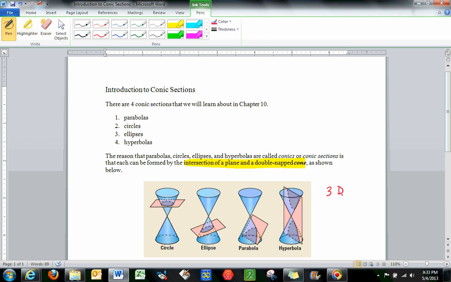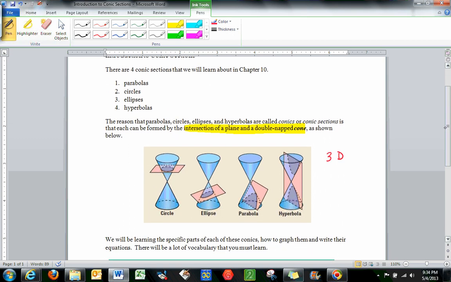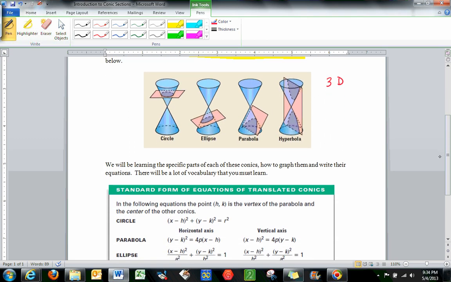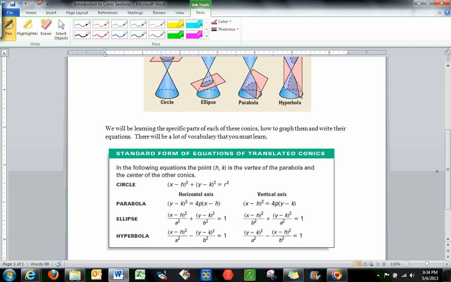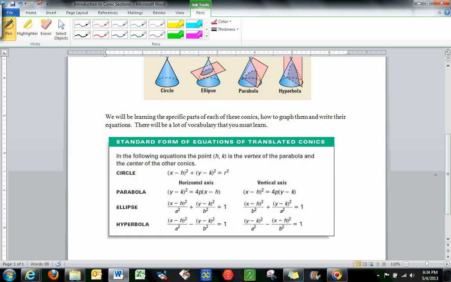Now, if we were to later on graph conic sections on a coordinate plane, we would have the 2-dimensional version of that. Now, each one of these conic sections has a specific equation or graph that goes with them.